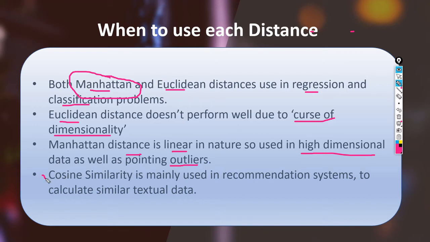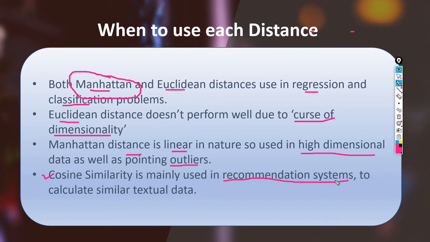And cosine similarity is mainly used in recommendation systems. If you don't know what a recommendation system is, it's very simple. On e-commerce sites like Amazon or Flipkart, when you buy things, you get recommendations: if you want to buy this mobile phone, this is a cover you can buy, this is the kind of headphone you can buy.